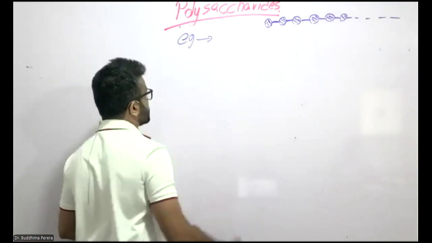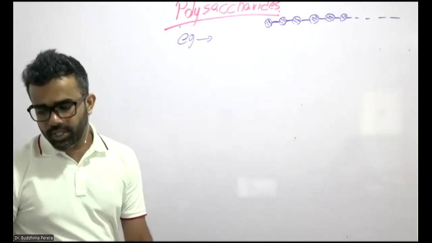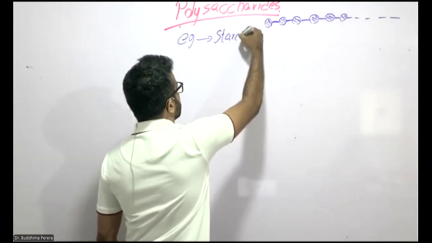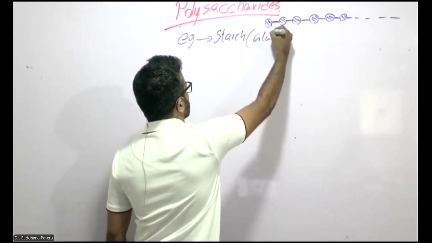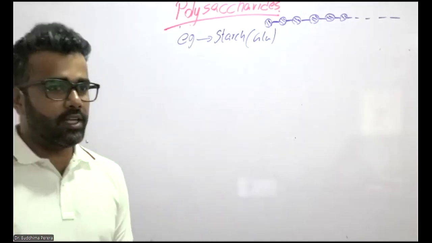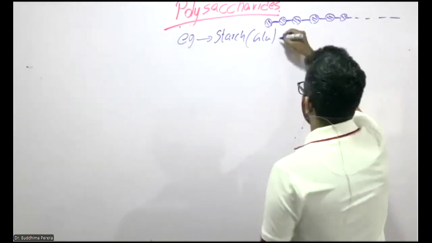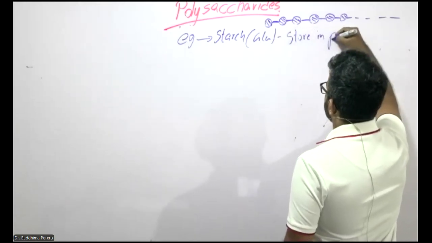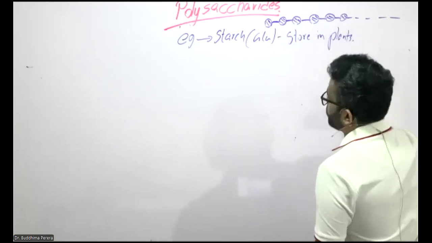for polysaccharides. First one is starch. Starch is made up of glucose. What is the function of the starch? It is stored in plants. Stored in plants.